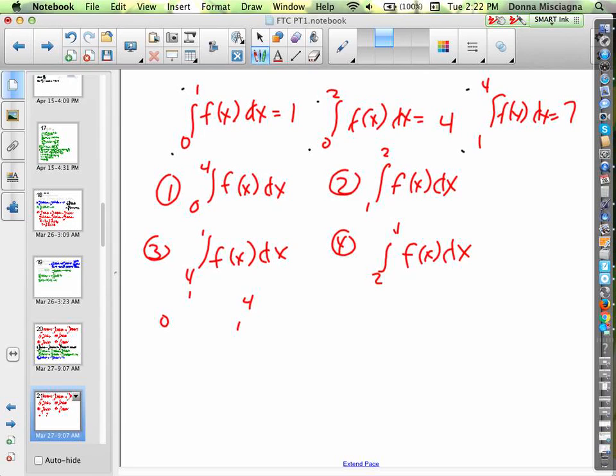We can put the 0 to 2 together. So yes, 0 to 2 plus, all right, here we go. If we take the 0 to 2 and subtract the 0 to 1, we're going to be left with the 1 to 2.